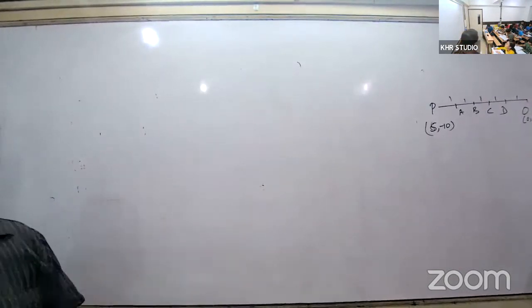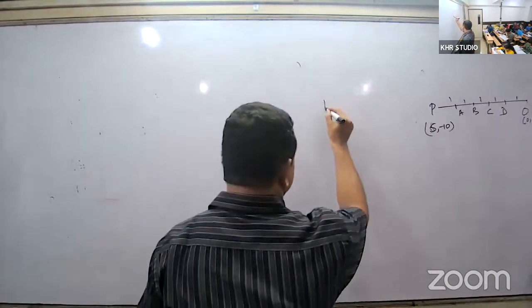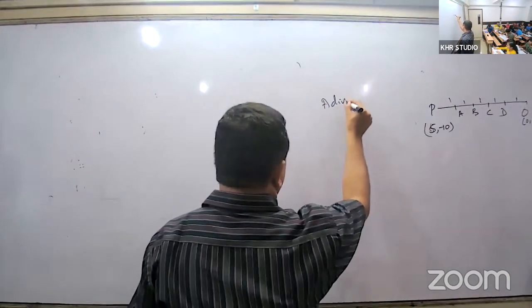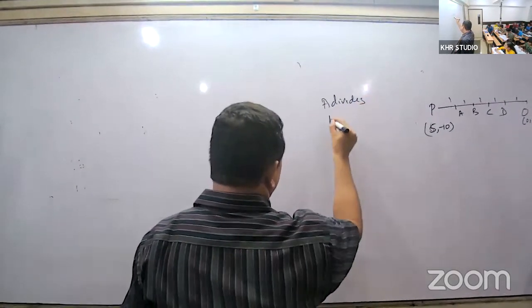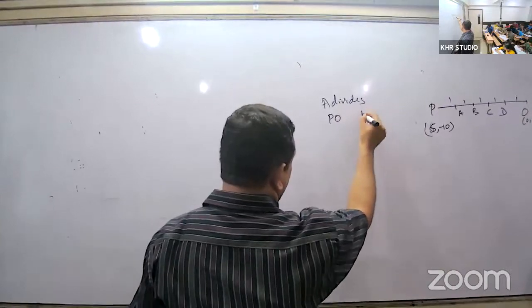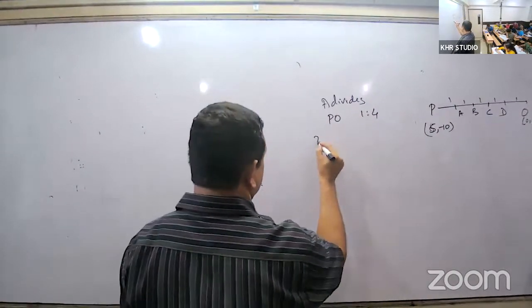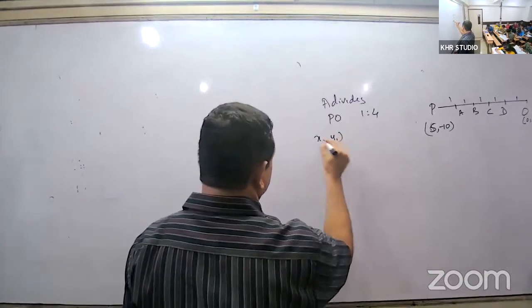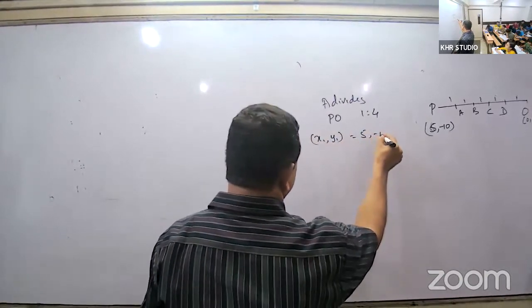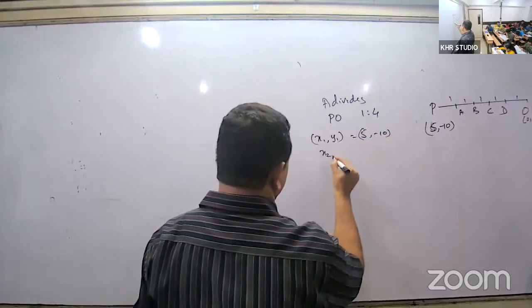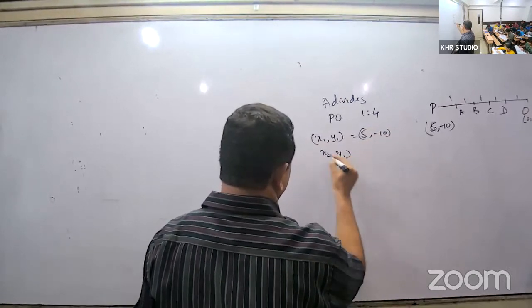Now write down. First step. A divides PO in the ratio 1:4. Therefore, x1, y1 is 5, -10. x2, y2 is 0, 0.